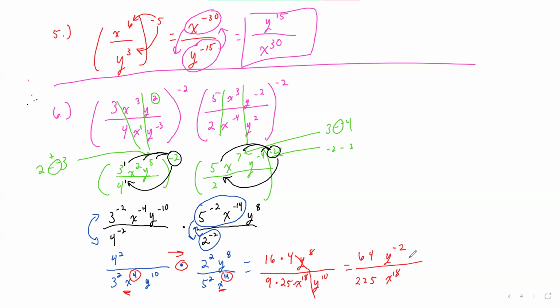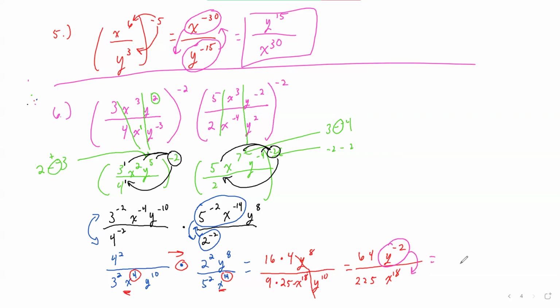Last step. What is still wrong with this problem? What am I going to flip? Ooh. Good. So this one we had lots of negatives. Yeah, so everything's going to stay except the thing that has a negative. So that one will come down.